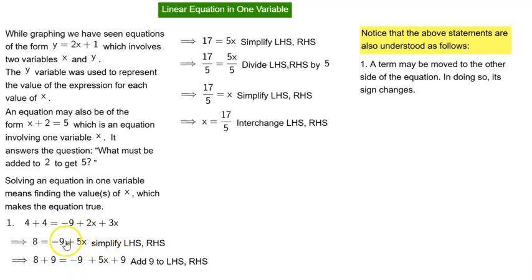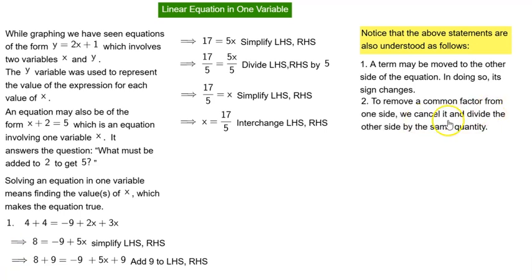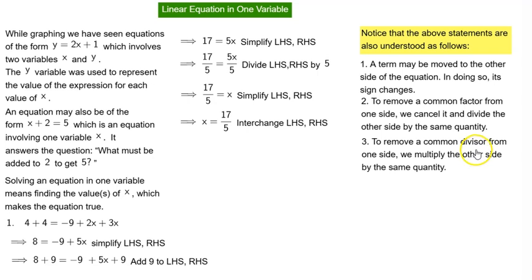So it is as good as saying that minus 9 moves to the other side and its sign changes. To remove a common factor from one side, we cancel it and divide the other side by the same quantity. To remove a common divisor from one side, we multiply the other side by the same quantity.